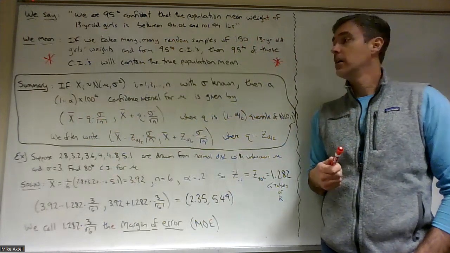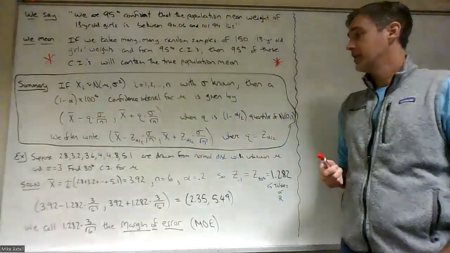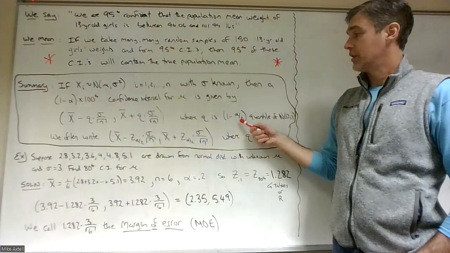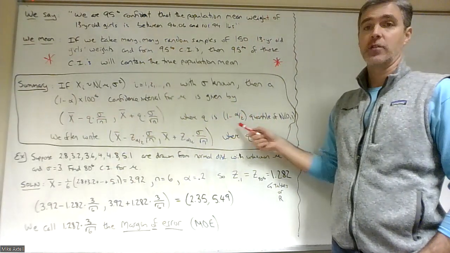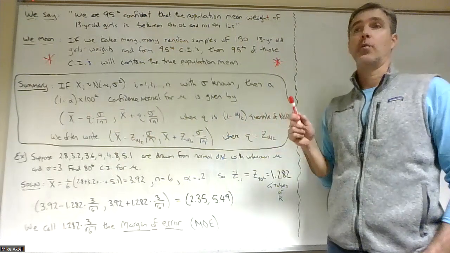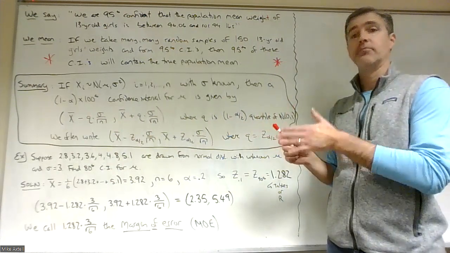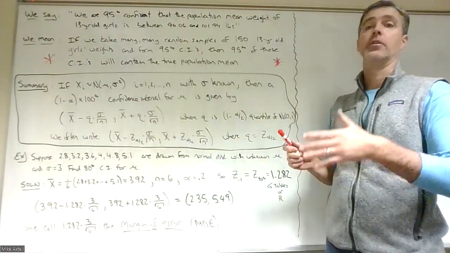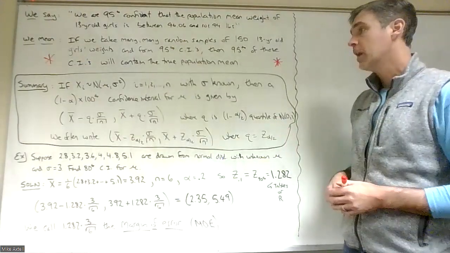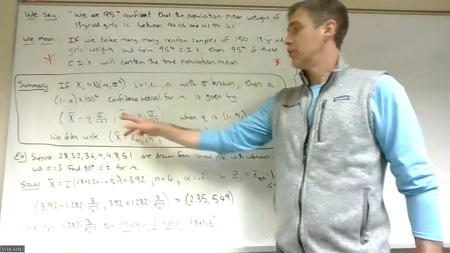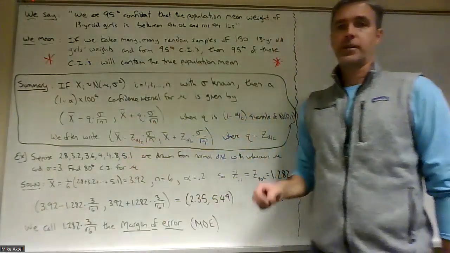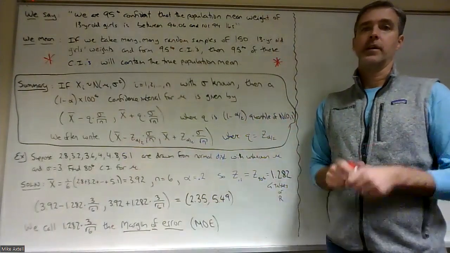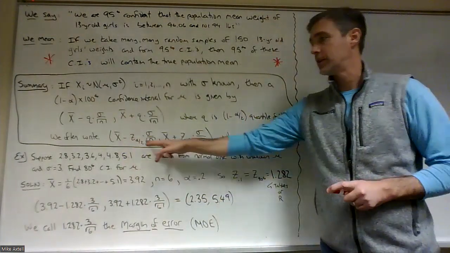So my alpha was 5%. And 1 minus 5% over 2 is 1 minus 2.5%. So that's a 97.5% quantile. So that's why I used that 1.96, because it had 97.5% of the area or the probability to the left of it, right? Oftentimes we replace the Q with Z for standard normal, alpha over 2, denoting half of the alpha that you're provided. So in our case, this would be 2.5.